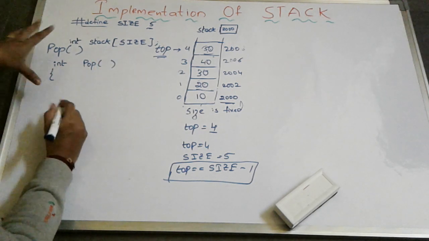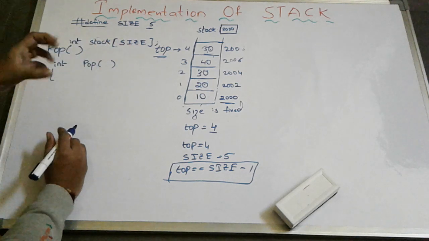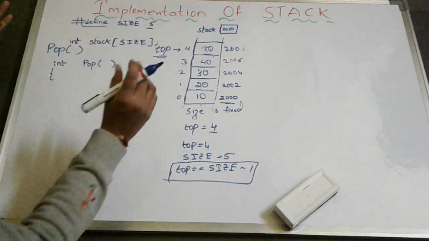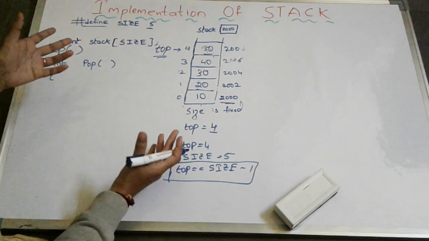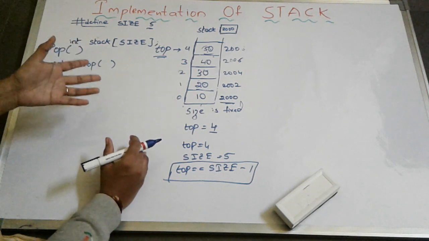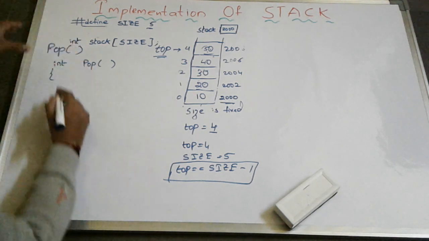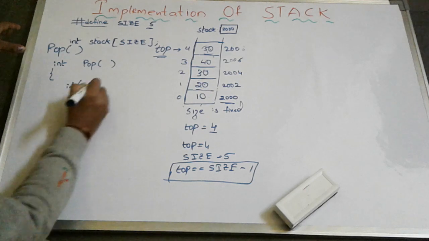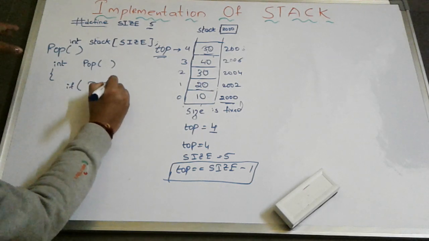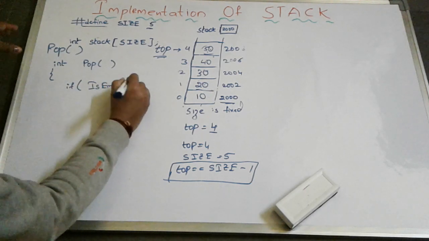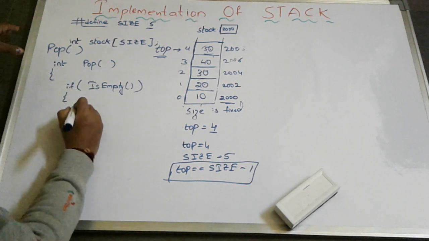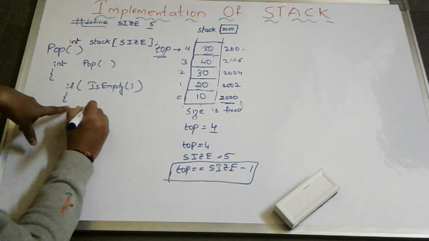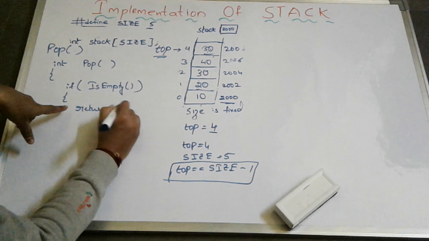Now in pop, we cannot directly return that element. We should check whether the elements are present in the stack or not. So if is empty, if the stack is empty, then we can write return 0.